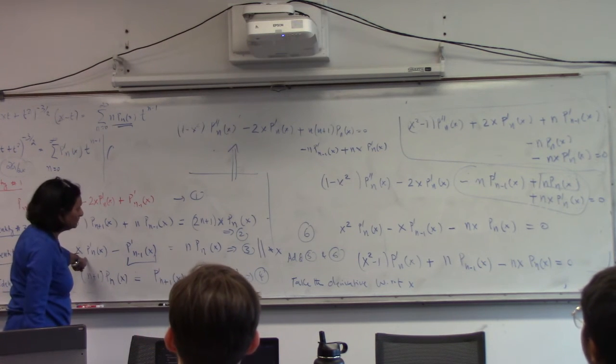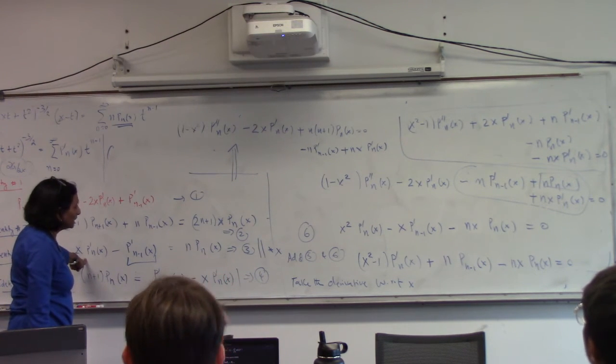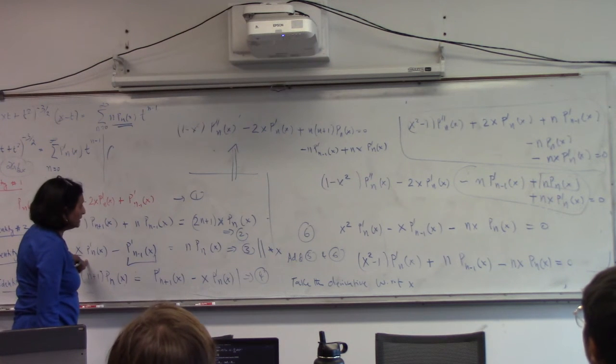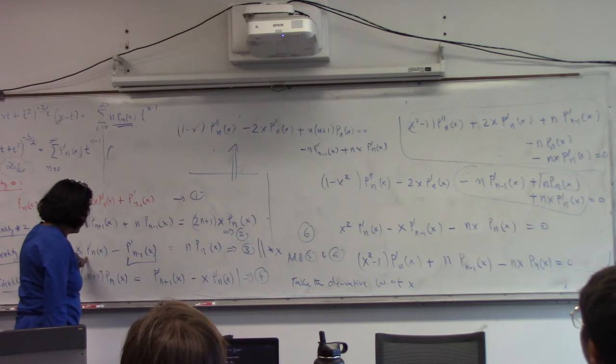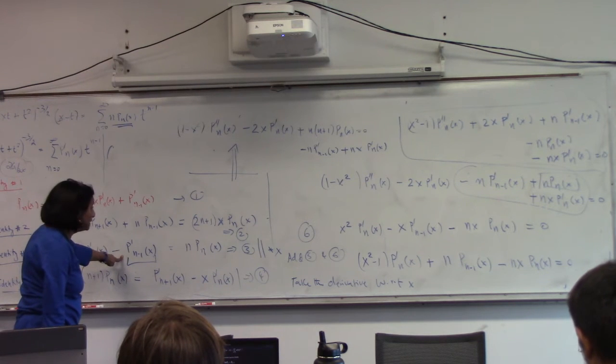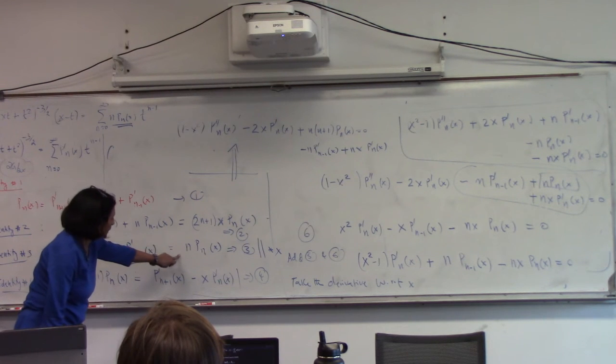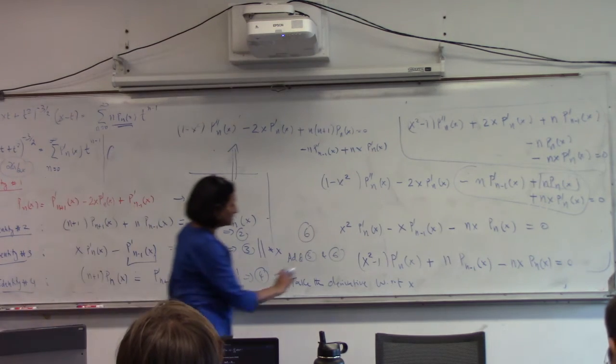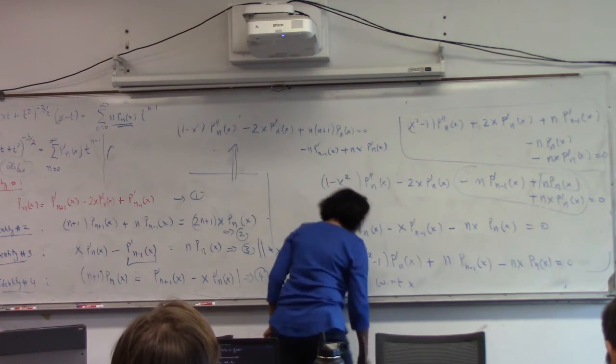Is it this one? If I multiply this by n, do I get it? You can use this one, I think. Multiply this by n, n x P_n prime is equal to n squared P_n(x). So this guy is nothing but n squared P_n(x).